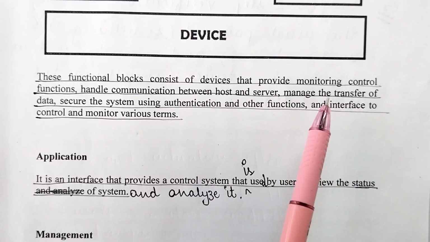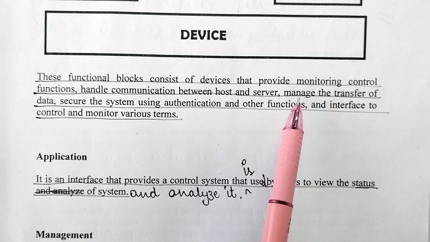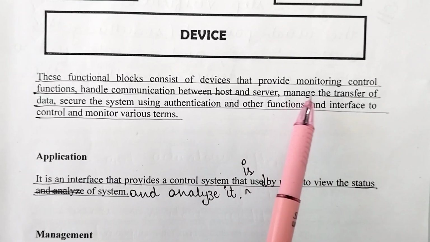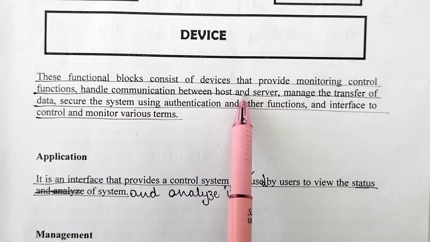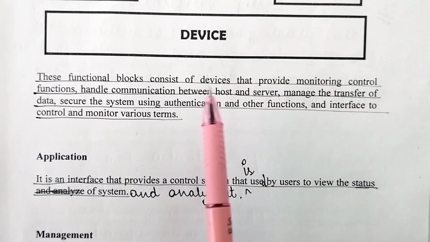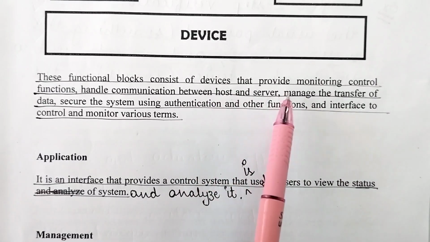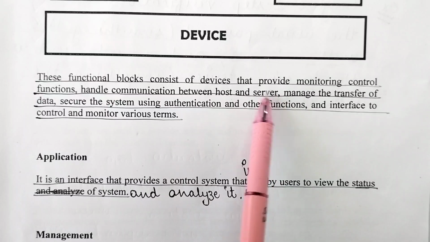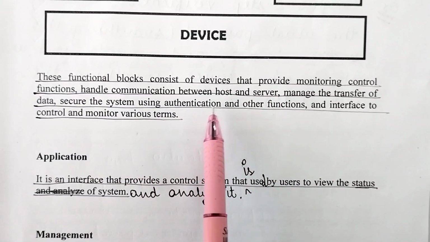Then they manage the transfer of data. Communication means transferring the data or giving some commands, so apart from giving commands, managing the transfer of data also comes under communication. Then, secure the system using authentication.